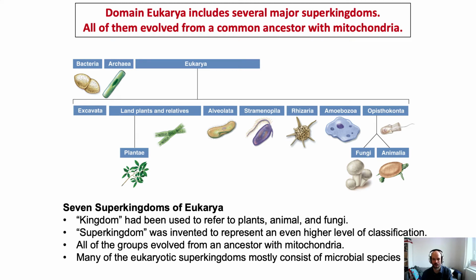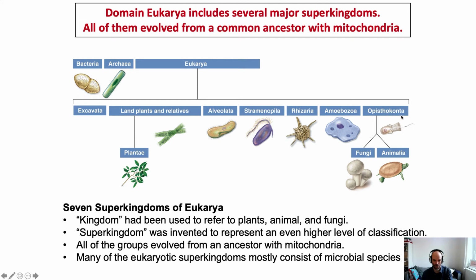Okay, and what we now think is that the plants belong to a larger group that includes the plants, but also many of the green algae, and that both the fungi and the animals are actually pretty closely related cousins, which is a relatively new idea in the history of biology, that the fungi and animals should be considered close cousins within a group with a weird name called the opisthokonts that includes some other types of organisms as well.